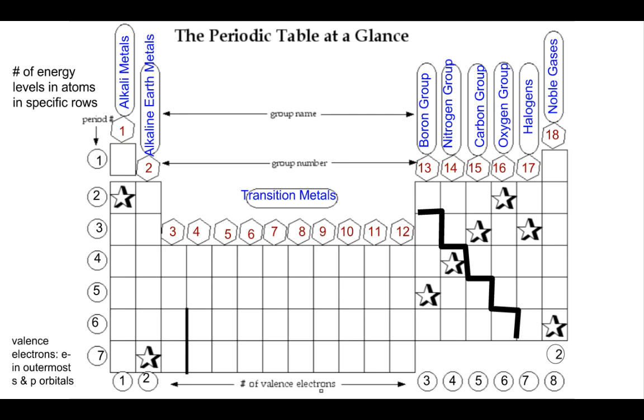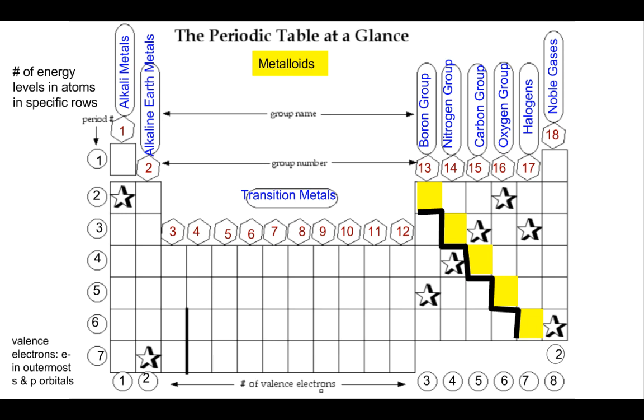And that's a landmark because touching the line on the right side, we have metalloids. Okay, so all of those are metalloids. And you can look up online what the properties of metalloids are.